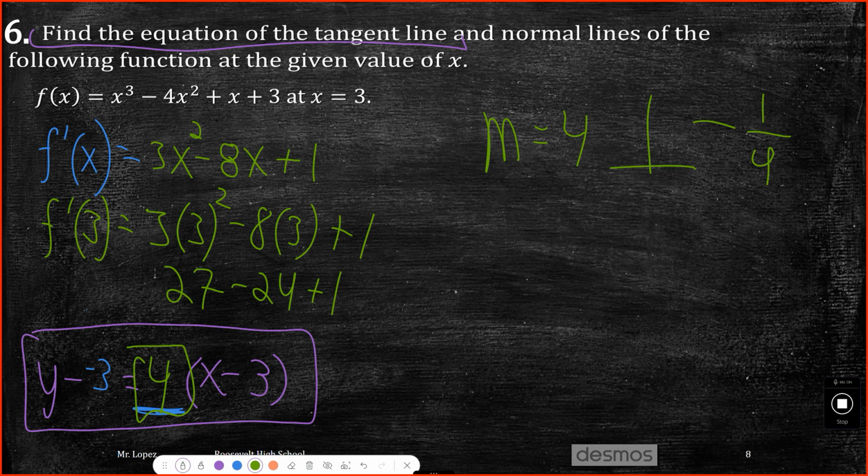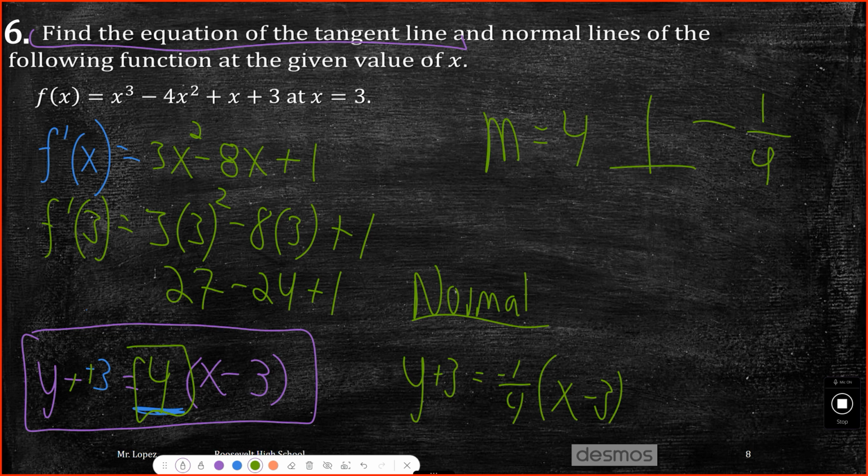So the slope for the normal line, everything is the same except this slope. So for the normal line, it will be y plus 3, because it's plus, and then the slope will be negative 1/4, and everything is the same because it's at that same point. So that's for the normal line. And for the tangent line, it would be this.